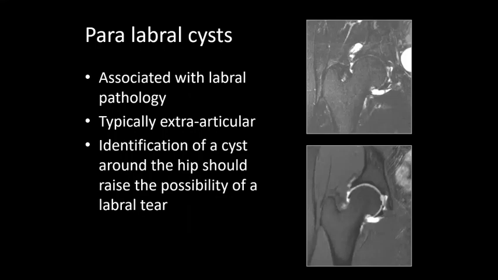So if we detect a paralabral cyst, we would mention it in our report, and we would say, for example, there is superiorly situated paralabral cyst or posteriorly situated paralabral cyst. And this would help the orthopedic surgeons to perform capsular incision and then draining or removing the paralabral cysts.